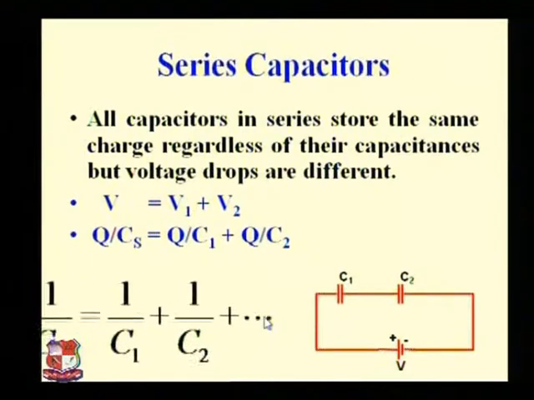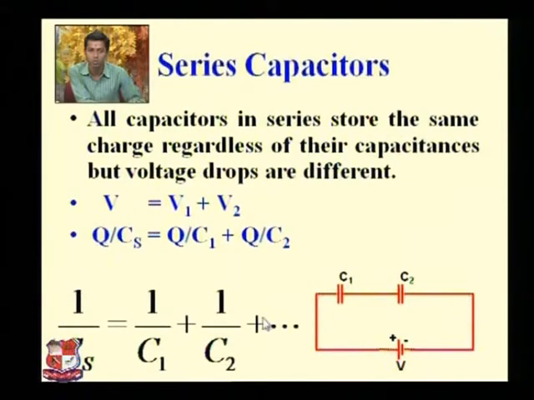Finally we get the equivalent capacitance equation: 1 upon CS equal to 1 upon C1 plus 1 upon C2. If we have more capacitors, then the equation is extended up to the nth capacitor. Here the suffix S is used to denote series capacitance.